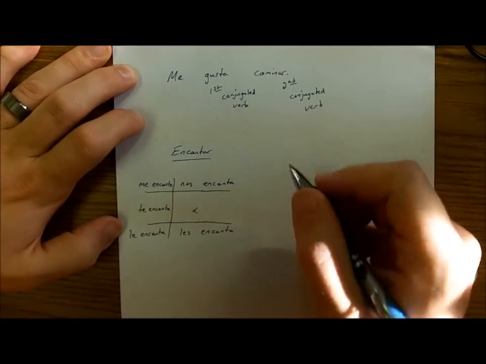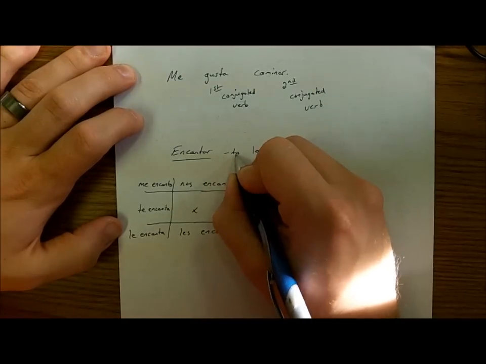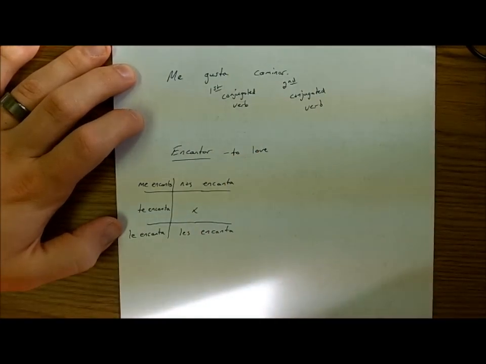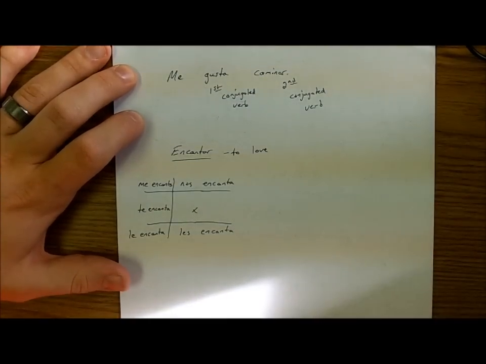Now, these forms of encantar mean to love. However, this is not the love between people. This is like the love for objects, the love for food, and that kind of love. So therefore, it's going to follow the same principles.